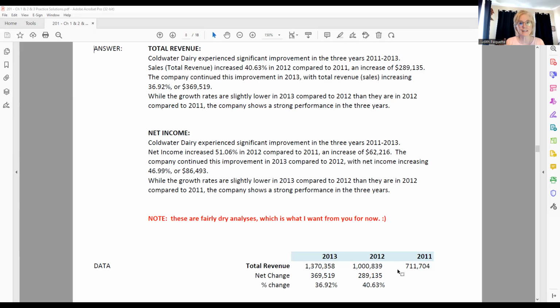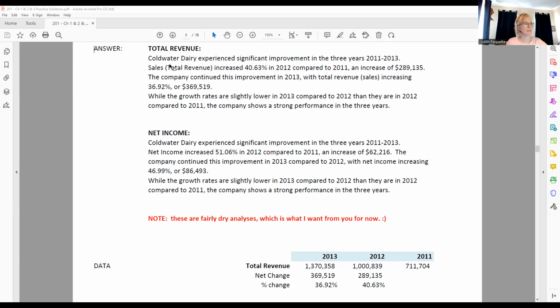So remember, for percent change, it's this year minus last year, divided by the previous year. For the next year, the net change is 369,519, divided by 1,839,000. So you're always comparing to the previous year.